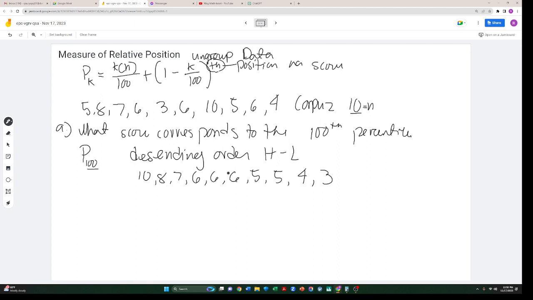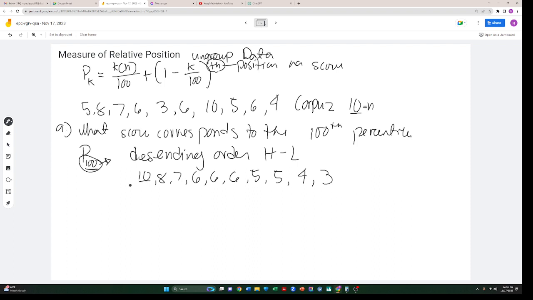So 6 is the P50, Q2, the 50% position. But if we say P100, then it is the highest, because the percentile positions go from 1 to 100. So the highest position is 10.